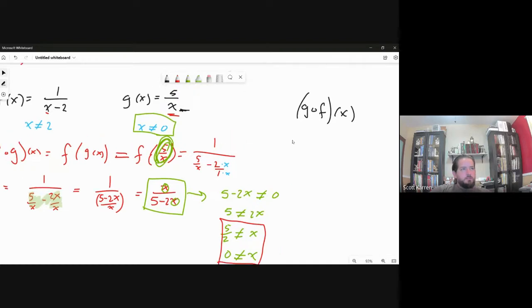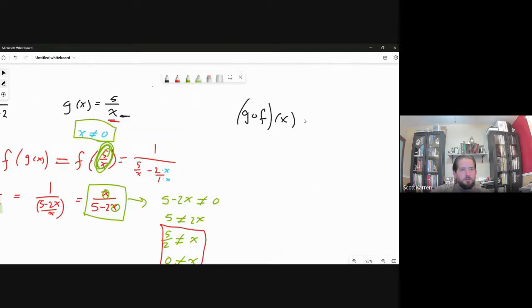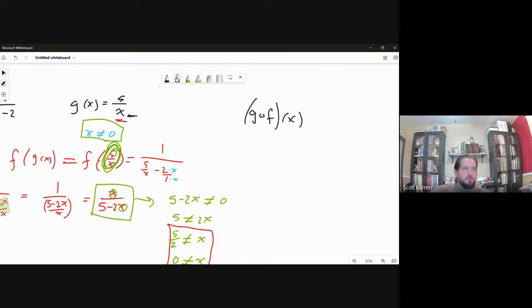So it's 5 over 1 over x minus 2, which this can flip and just multiply. So this becomes 5 multiplied by just x minus 2, right? And by all appearances, this is just a polynomial and there's no domain issues here.